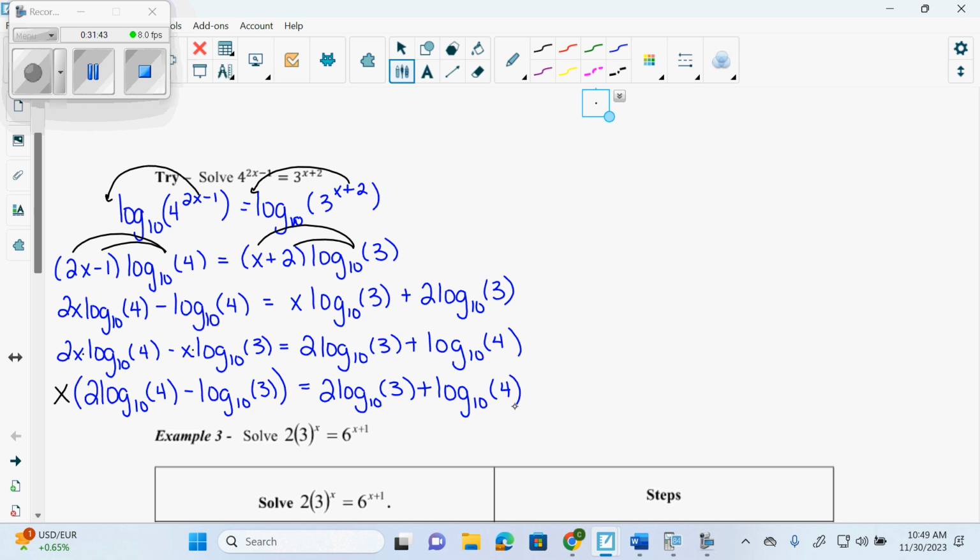And I'm going to divide that over so the x is by itself. So I get x equals 2 log base 10 of 3 plus log base 10 of 4.